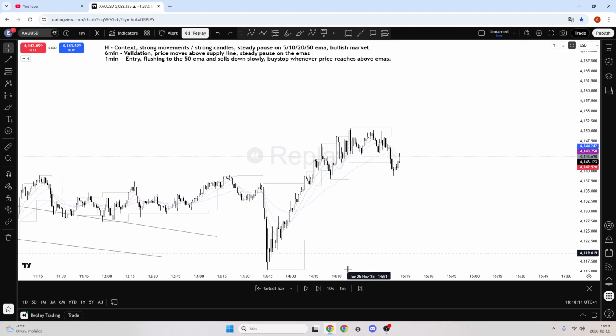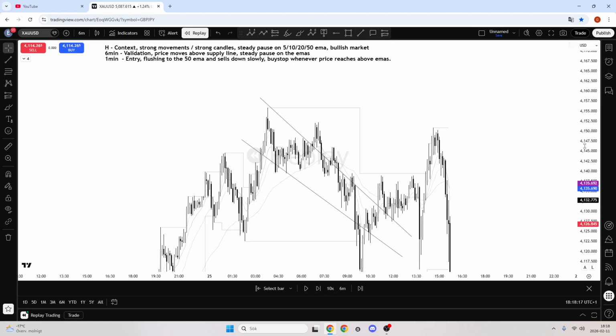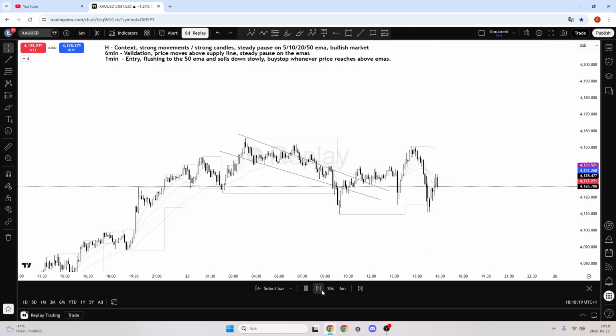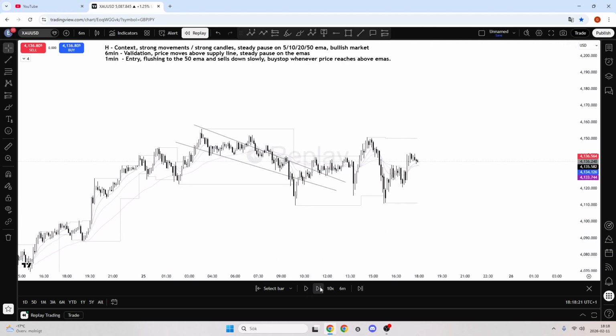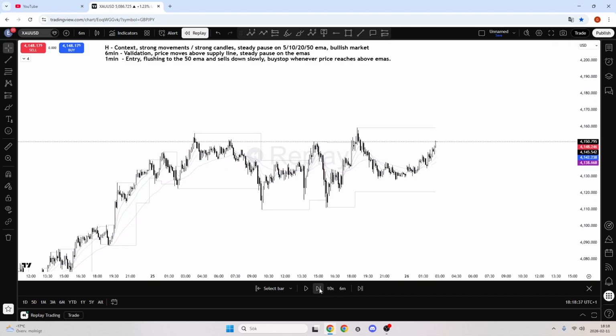Kind of strong selling, just below the 50 MA, and yeah, nothing for us to do. So I would like for this market to come up now and show me what it wants to do.